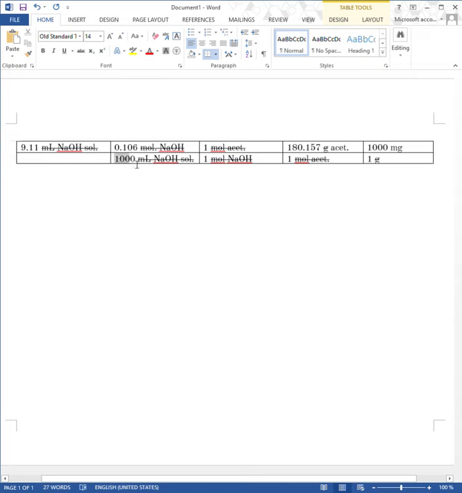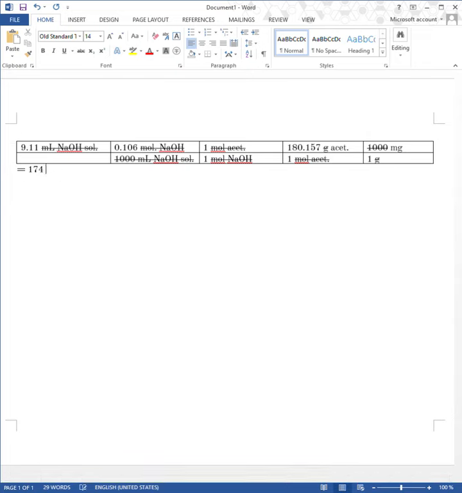Anywho, moral of the story, right? Go ahead and you can cancel those out. Now that you've done that, that leaves us with milligrams of acetylsalicylic acid, and that's going to equal 174, and then there will be a decimal, but we don't care because we only have 3 significant figures.